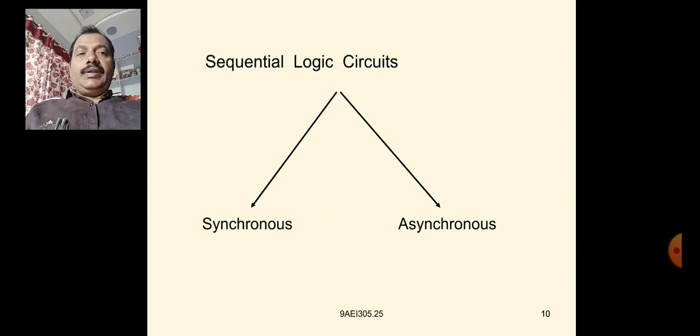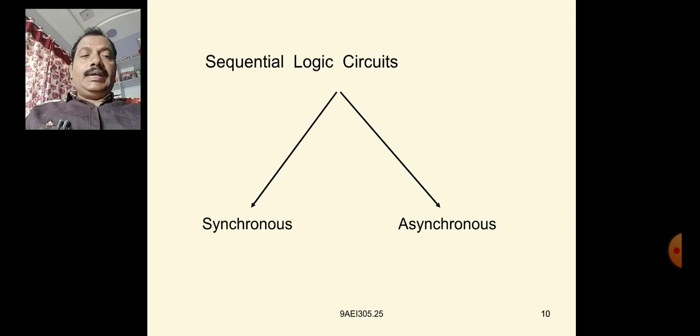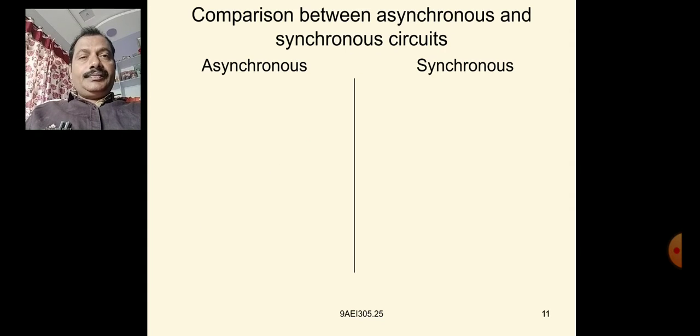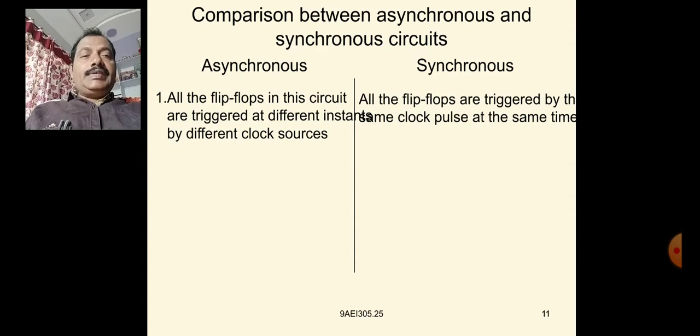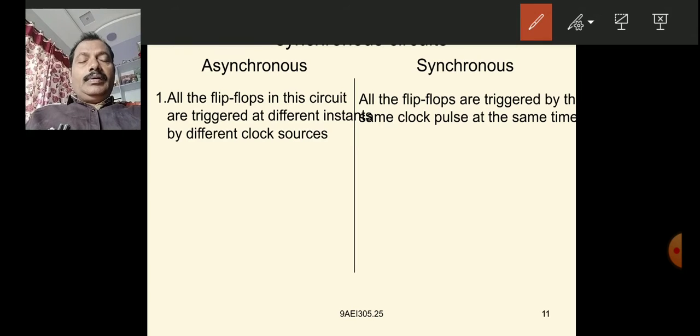In sequential logic circuits, we have synchronous and asynchronous types. Let us compare them. In asynchronous circuits, the flip-flops are triggered at different instants of time by different clock sources.